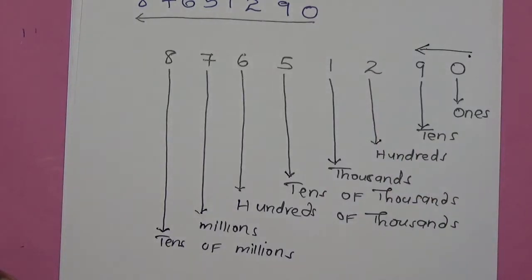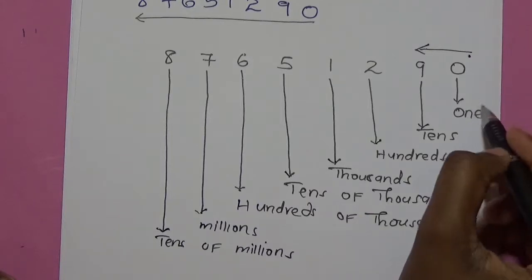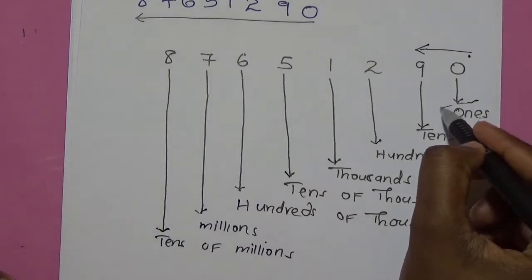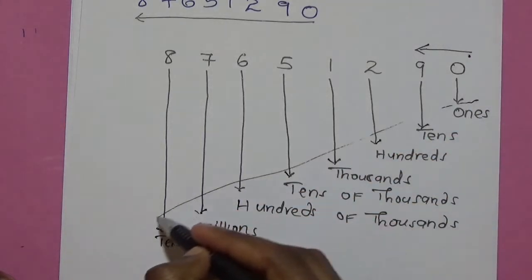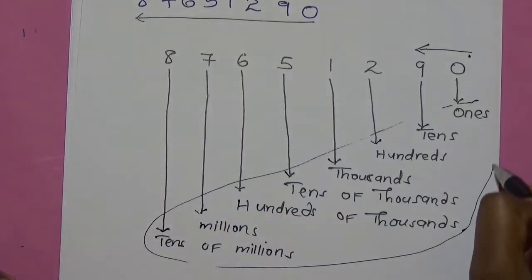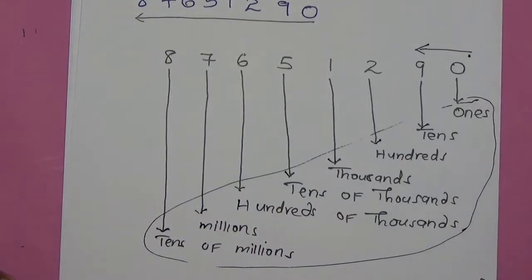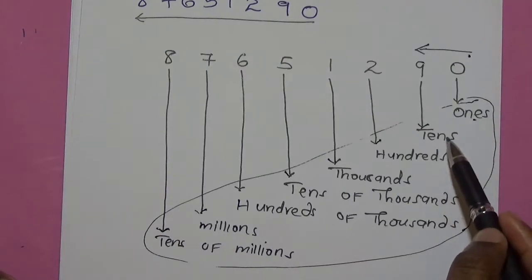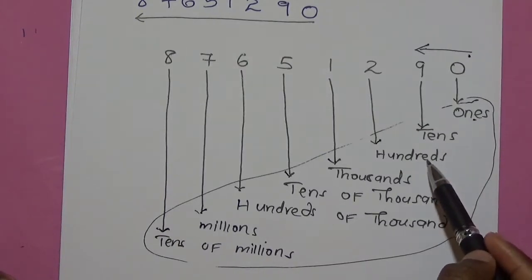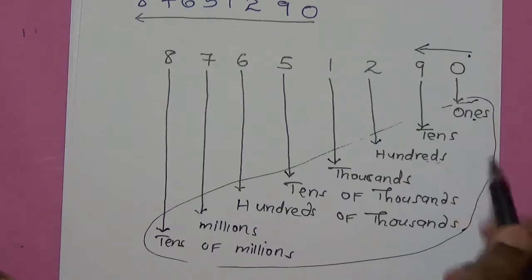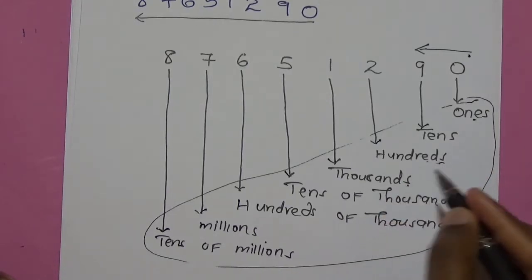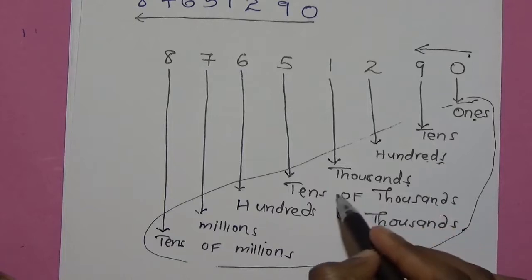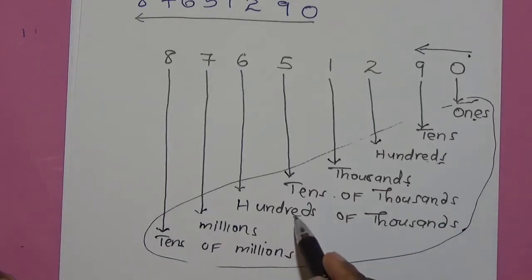Then the second point which I want you to understand is you have to get this arrangement, that you start with ones, then you go to tens, hundreds. After that, you enter into thousands. Then you have thousands, tens of thousands, and hundreds of thousands.